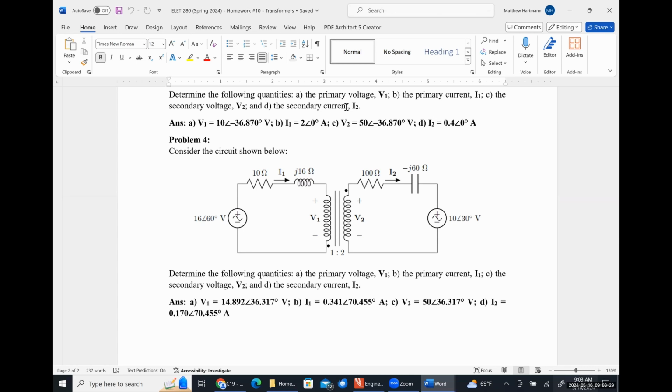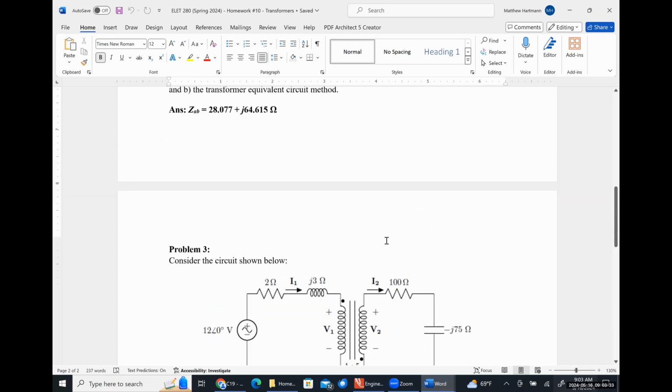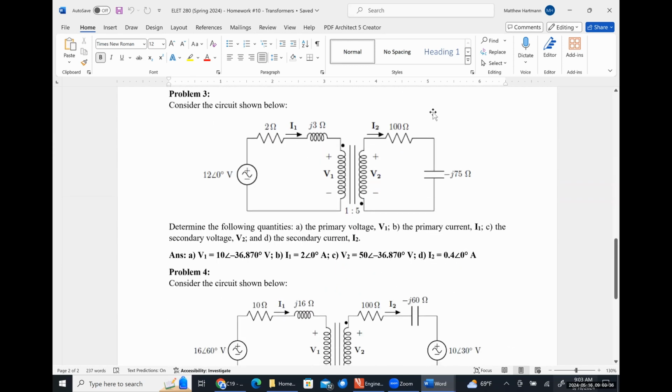So how I worked all of these problems when I was coming up with their solutions. Just for the sake of argument here, if we're looking at problem 3, I took my secondary loop impedance of 100 minus J75 ohms, reflected it over to the primary side so that it would look like, what's 100 divided by 25? That would be 4 minus J3.